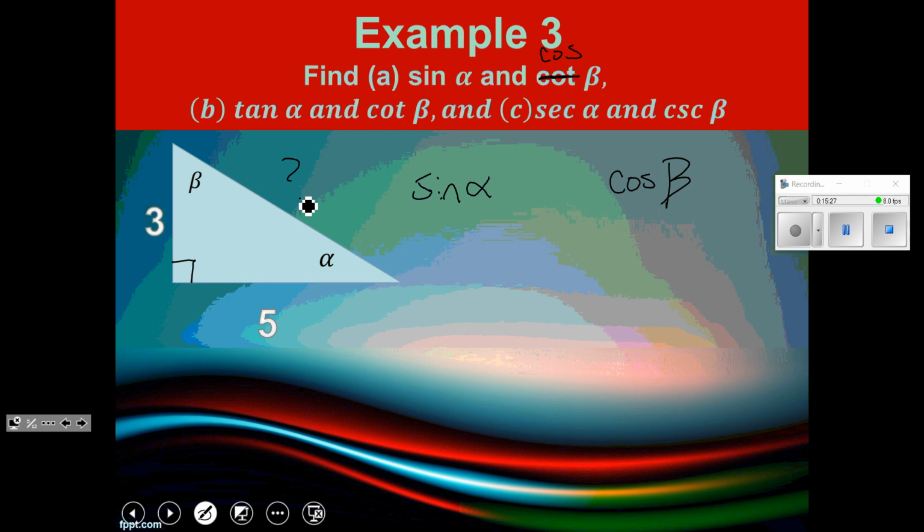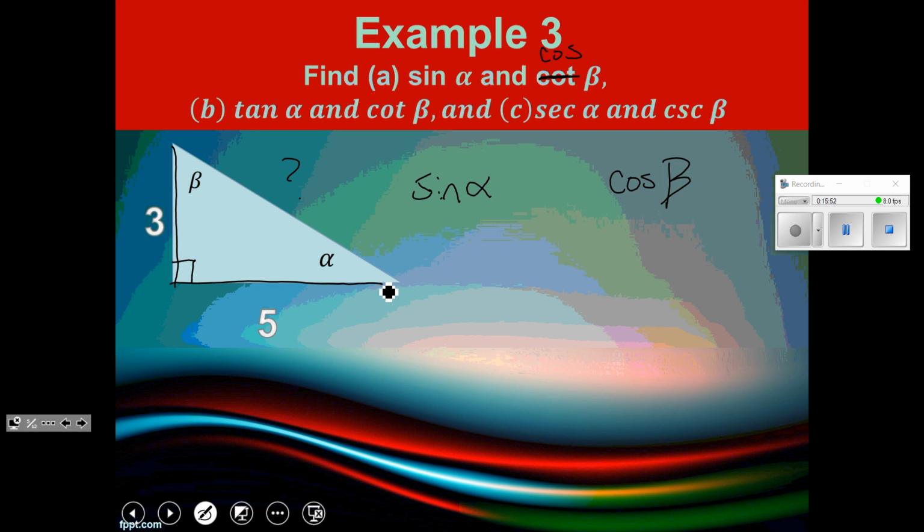So which two are the legs of the right triangle? The legs are the sides that form the right angle. So which two form the right angle? 3 and 5. That's going to make A and B. It does not matter which one's A, which one's B. They are both equally legs. Okay? So those are your legs.